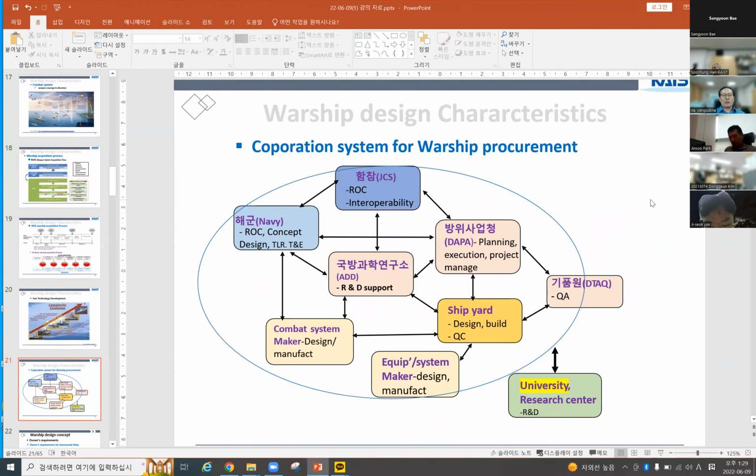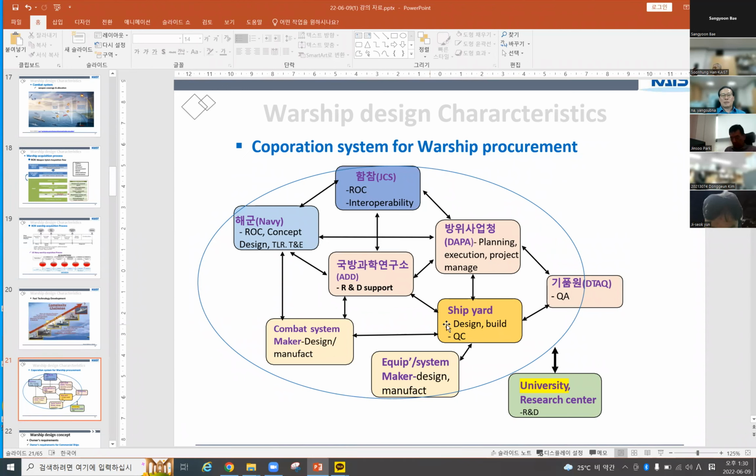And I'd like to introduce some of the stakeholders of warship procurement. The Joint Chiefs of Staff set up the requirements, capability, and interoperability. The Navy sets the requirement of capability, concept design, the fleet-level requirement, and test evaluation. ADD does R&D support, and DAPA does planning, execution, and project management. And the shipyard does design, build, and quality control.